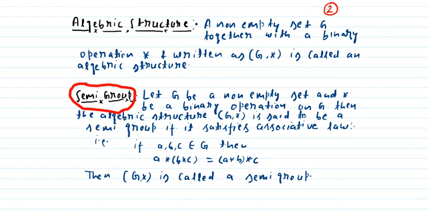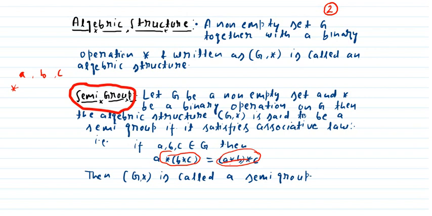We know that associative law is: if we take any three members A, B and C and apply binary operation star on any side, then it will be equal from both sides. Let A, B, C belong to G, then (A star B) star C must be equal to A star (B star C). Both these must be equal. Then we will say that G is a semigroup.